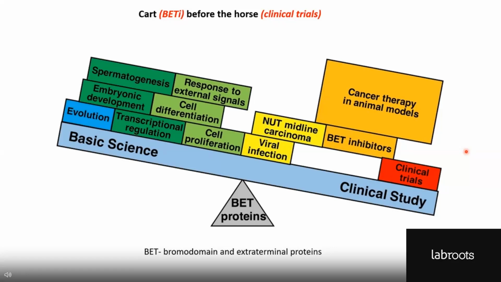So I think sometimes it's better to understand some of the basic questions before pursuing the clinical trials. But I do understand why it should be pushed in the clinic as well, because you want to find at least a therapeutic endpoint for some of these cancers that are debilitating.